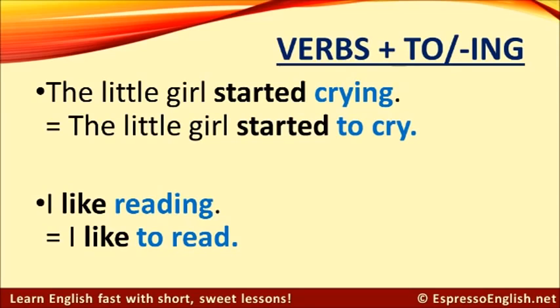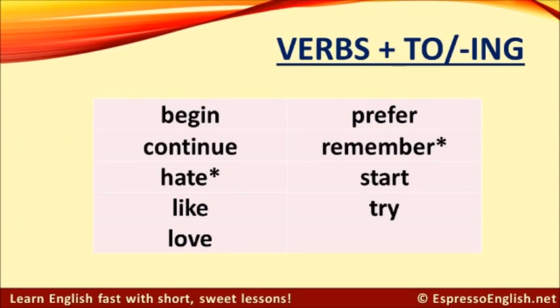They are the same and both are correct. Remember that like can be followed by either reading or to read, but would like can only be followed by to read. So, I like reading, but I would like to read. Verbs that can be followed by both forms include begin, continue, hate, like, love, prefer, remember, start, and try.